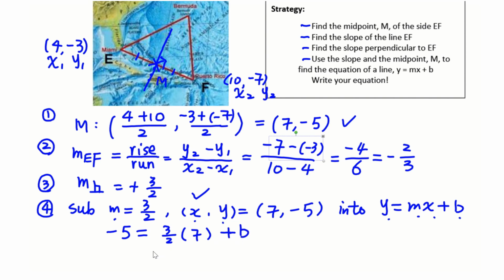Then you are going to do 3 over 2 times 7 first, then move the 3 over 2 times 7 to the other side. So minus 3 over 2, then times 7. So you could use your calculator right away to find the final answer. So negative 3 over 2 times 7, then minus 5.